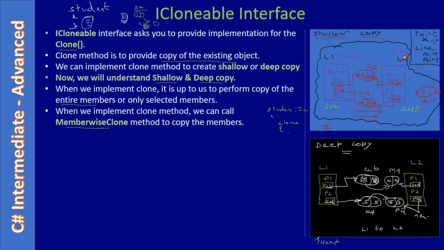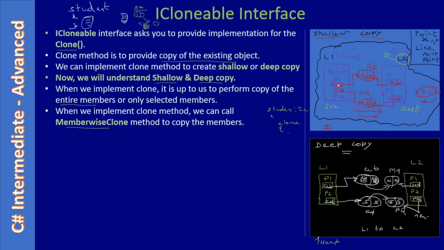After the clone, MemberwiseClone will return the new instance created to the caller. So when it is called on the line object, it creates a new line instance, and for the internal members it performs a shallow copy. The shallow copy problem exists when you directly call MemberwiseClone.